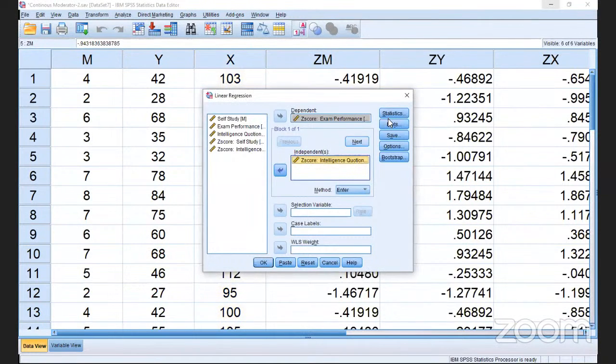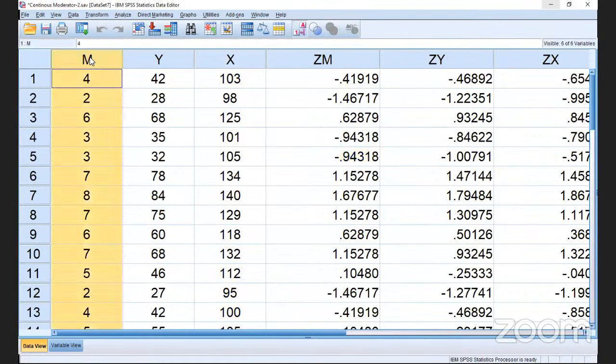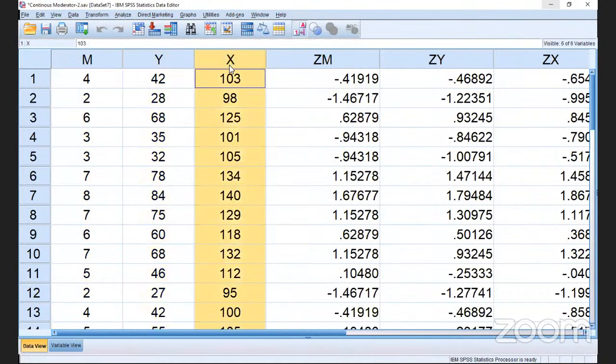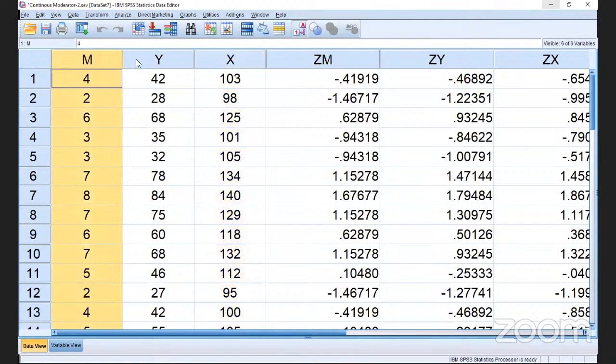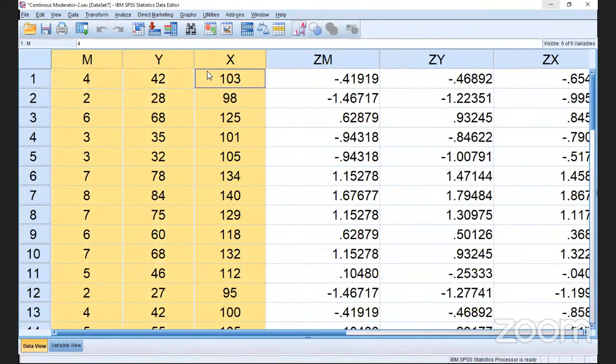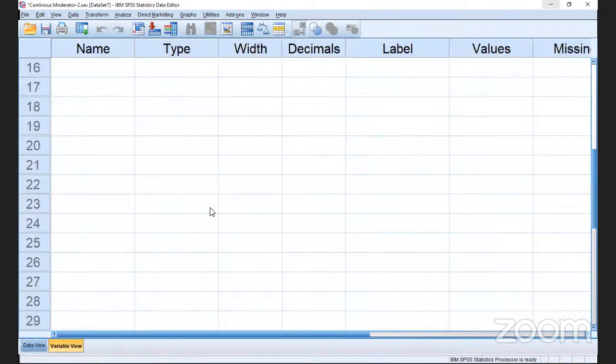Basically, we standardize our questions when the units of the questions are different. If we are taking all the questions on a 0 to 100 scale, then there is no need to standardize the questions.